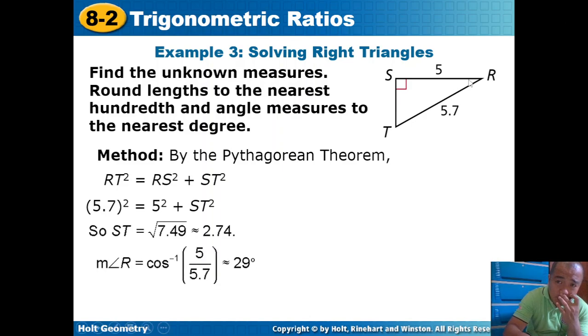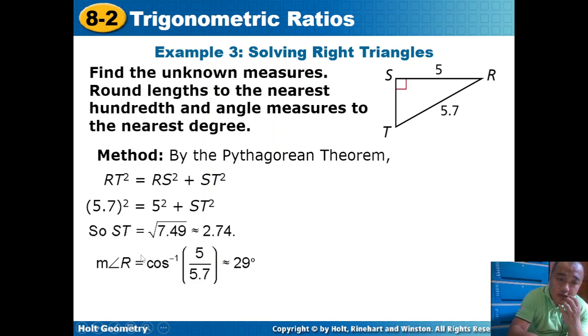To find the measure of angle R, we're going to use the cosine function. Why cosine? Because the sides involved are the adjacent side and the hypotenuse. So cosine R is equal to 5 over 5.7, and the measure of angle R is inverse cosine of 5 over 5.7.